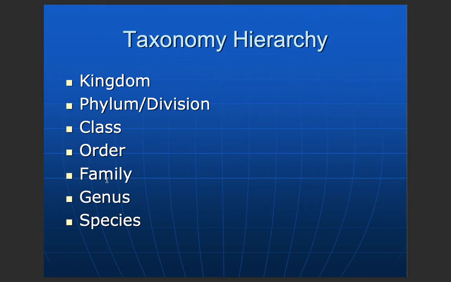Order is further divided into families, and families, on the basis of more differences, are again differentiated into genus. Genus is divided into species, and this is the lowest level of the taxonomical hierarchy, where there are more similarities in a particular group of organisms and fewer differences.